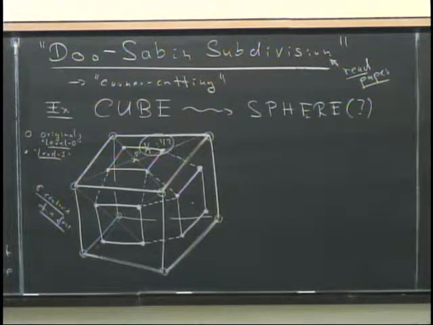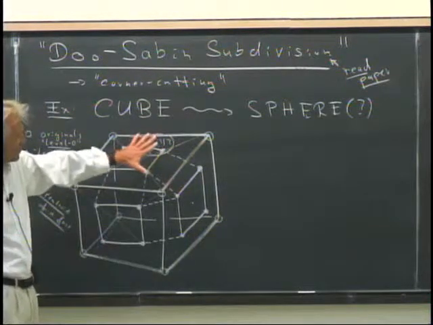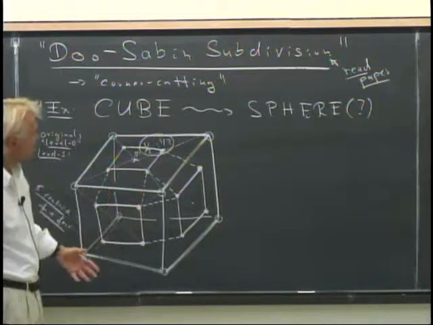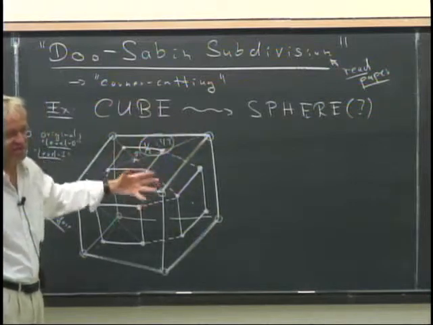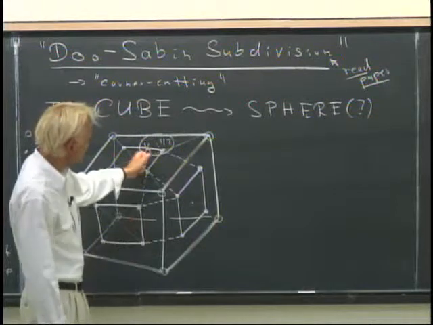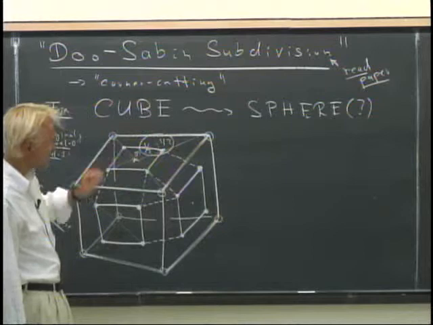So there's the other issue of a subdivision mask. The subdivision mask tells you how to take a particular polygon and how to replace it by a new one, okay? And there's different ways to do that by doing certain combinations of the surrounding vertices that define that face, okay? So Doo-Sabin is a very specific one. So this ratio 1/2, 1/2 defines this mask, how to take an original polygon, replace it by something new.